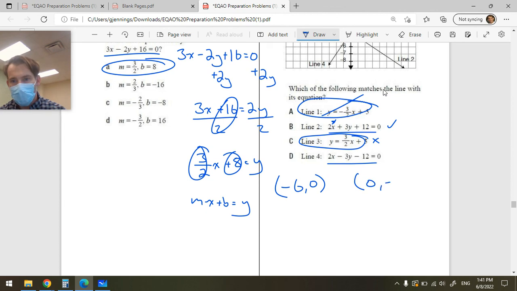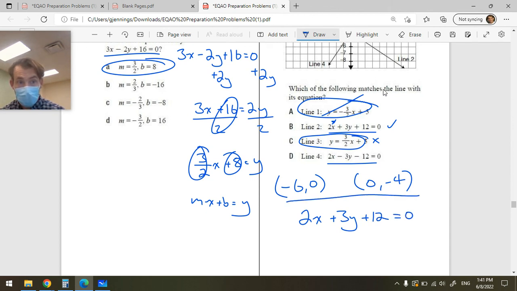And 0, negative 4. Okay? And then we want to compare this 2x plus 3y plus 12 equals 0. Do both of these points work for that equation? And if the answer is yes, then this equation works. Okay? And in fact, it does.